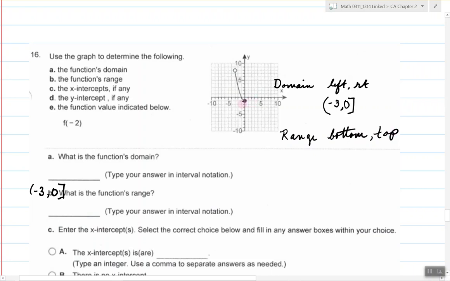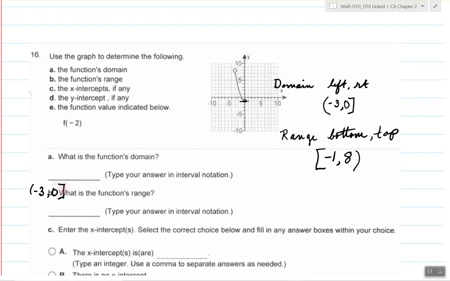The bottommost y value is -1. The topmost y value is 8. It contains the y value of -1, but it does not contain the y value of 8 because there is a hole there.